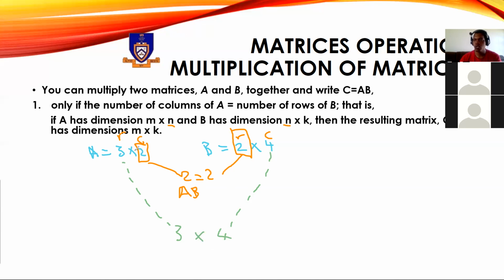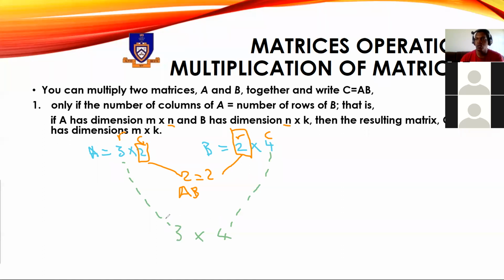You can see how they use the dimensions of the matrices for multiplication. The column here and the row here are equal, and then our answer will have the row of the first matrix and the column of the second matrix. That's how the answer will look. This is a very important step and observation that you will have to see.